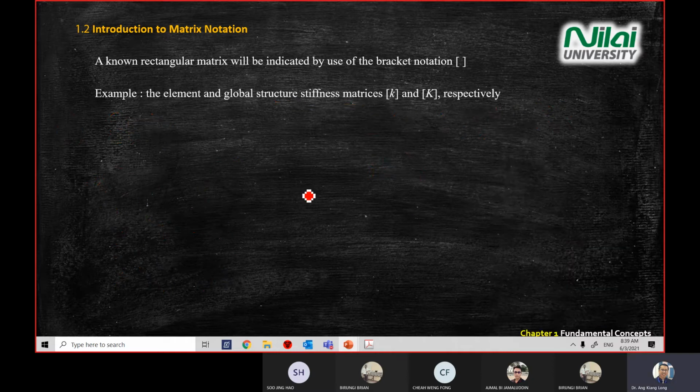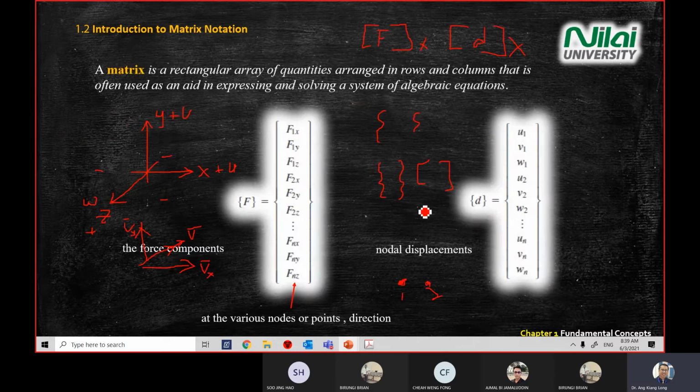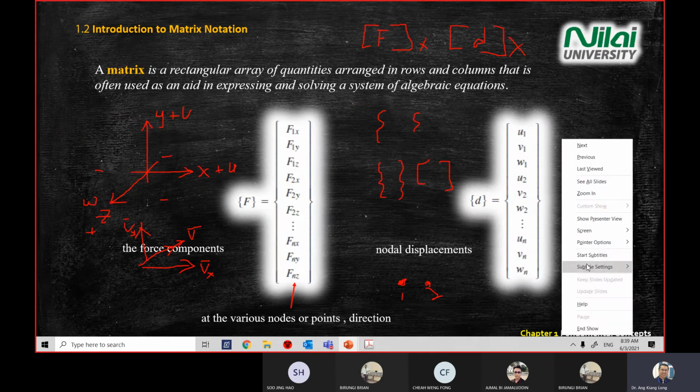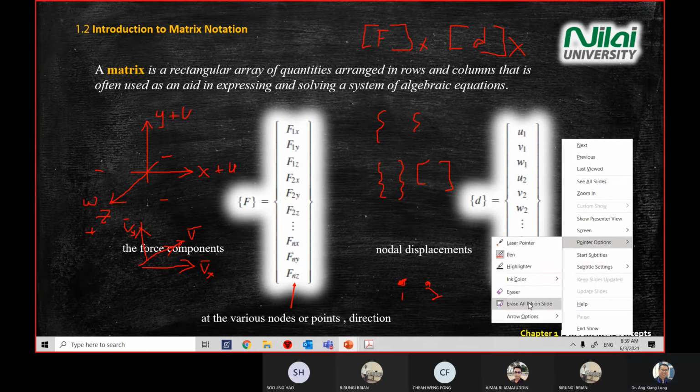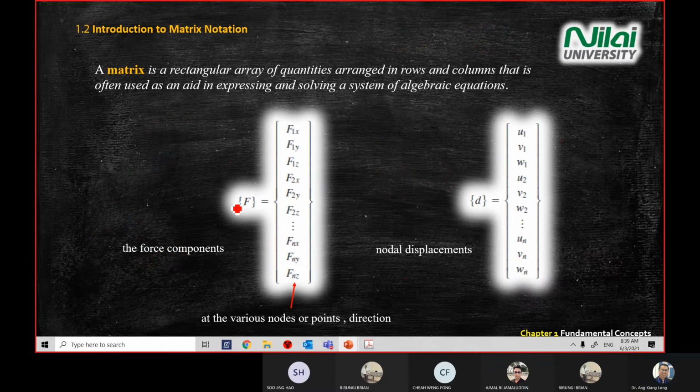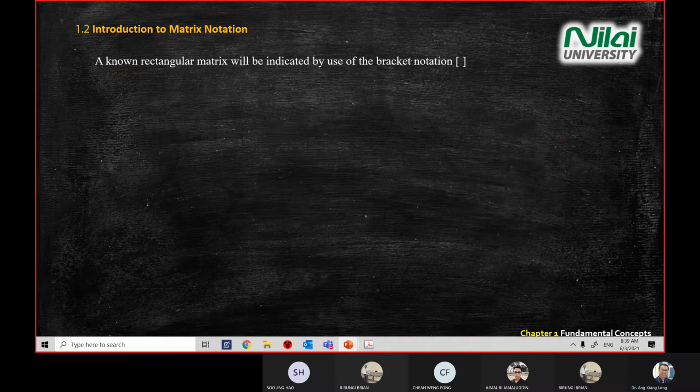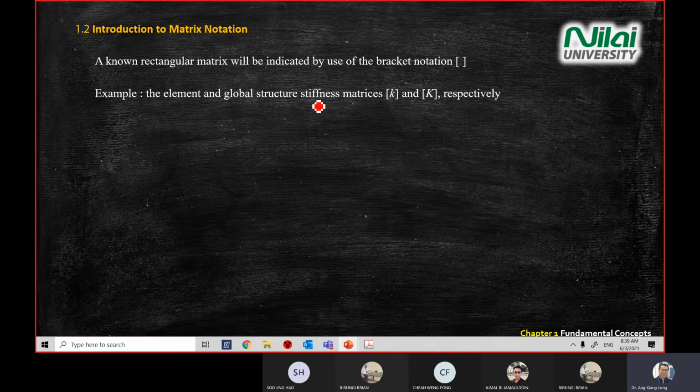Just to recap, just now you looked at force and displacement, which give you different matrix forms. For force and displacement, you use curly bracket. For the matrix that deals with structure, you use the stiffness matrix with square bracket. So what is this structure stiffness about? If you learned physics, you have a spring.